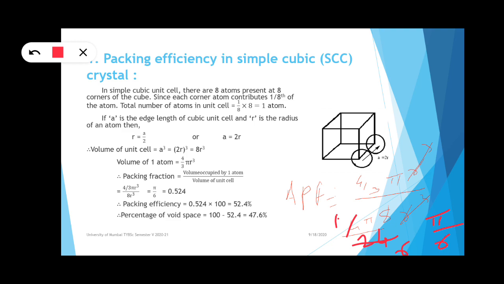What is the value of pi? Sorry, the value of pi is 3.14, divided by 6.